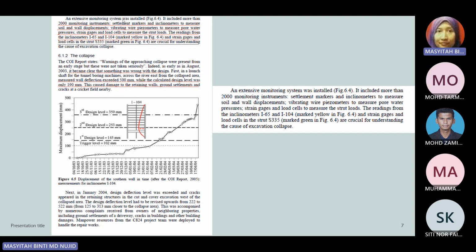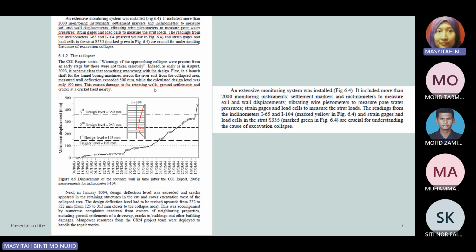So what is the purpose when we put in instrumentation? Because we want to observe the on-site readings against what we estimated from our design and analysis. Somehow, something may be unpredictable, on-site versus off-site.